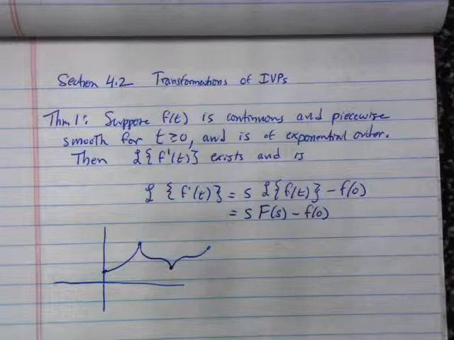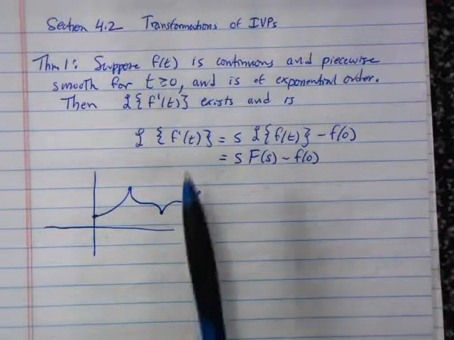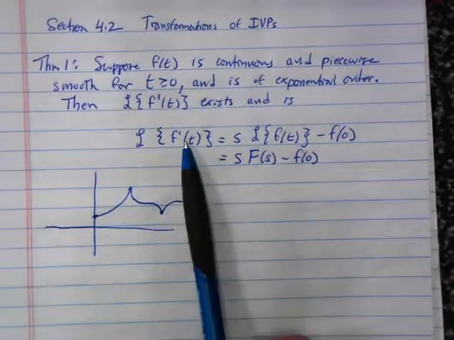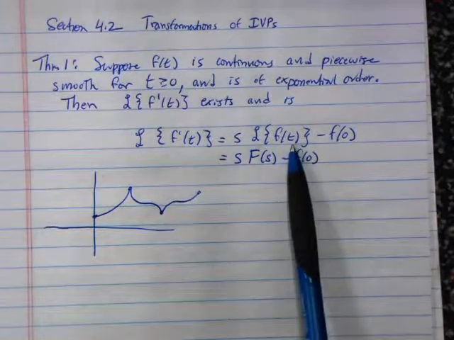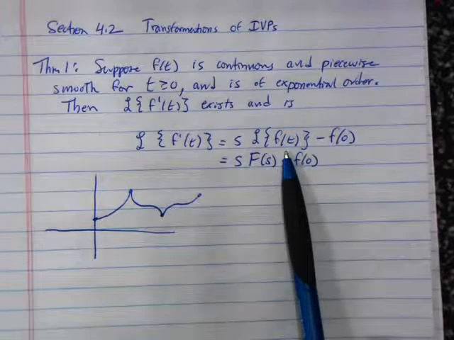So that would be an example of a continuous, piecewise smooth, exponential order function. What this is doing is telling us how to find the Laplace transform of a derivative and put it in terms of the Laplace transform of the original function.